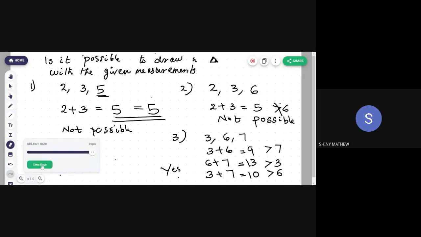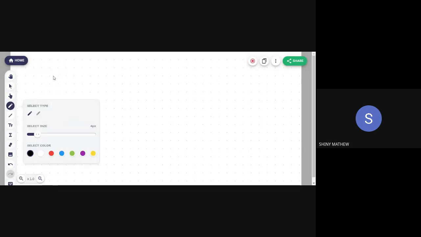Okay. Now, if the two sides are given, then how can you find what will be the measure of the third side? Or with which measurements can we complete a triangle? So, you can write that way one question. Write: length of two sides of a triangle are 6 centimeter and 8 centimeter.